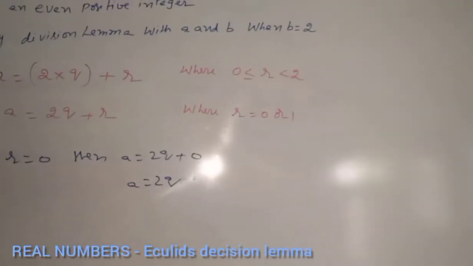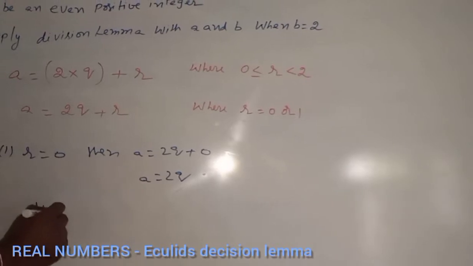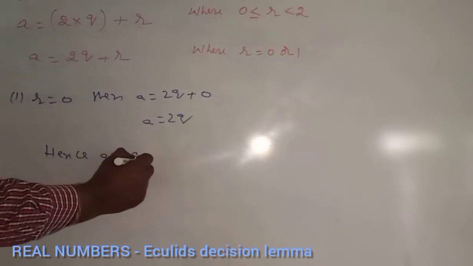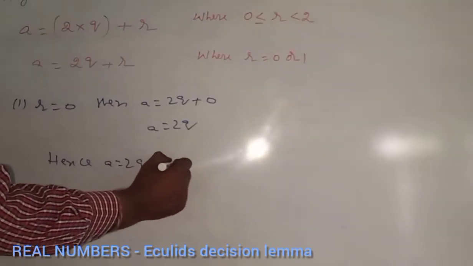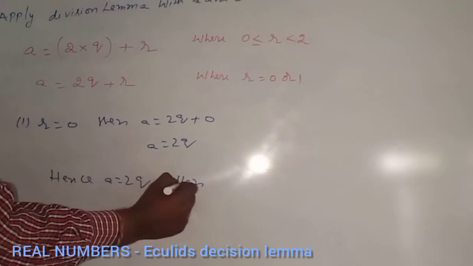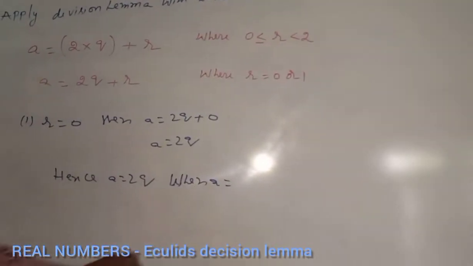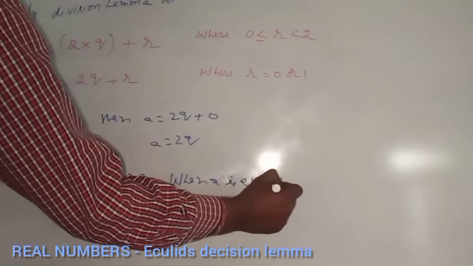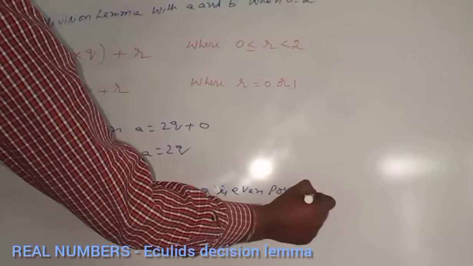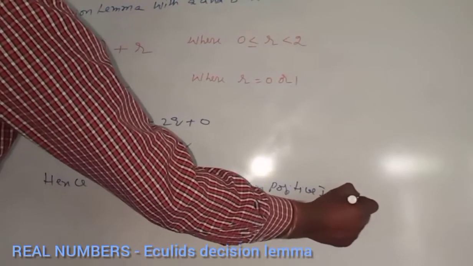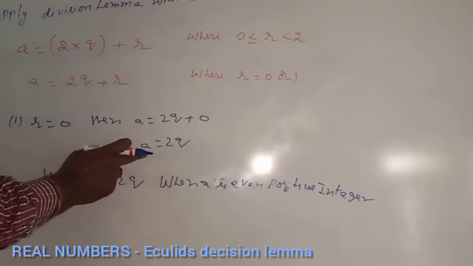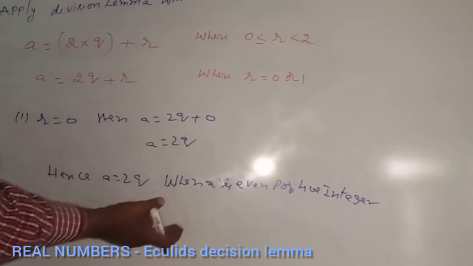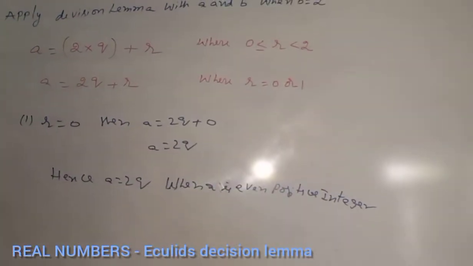Hence, A is equal to 2q when A is an even positive integer. How is it so? A is equal to 2 into q: 2 ones are 2, 2 twos are 4, 2 threes are 6, 2 fours are 8. So it is an even number. So A is an even positive integer.